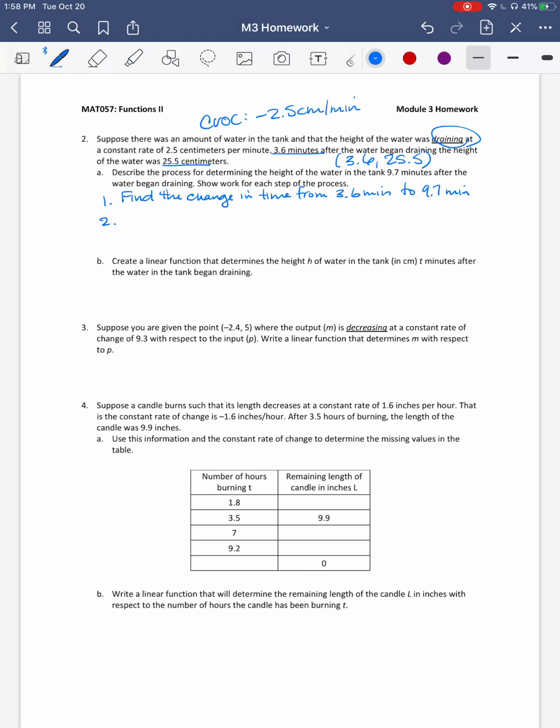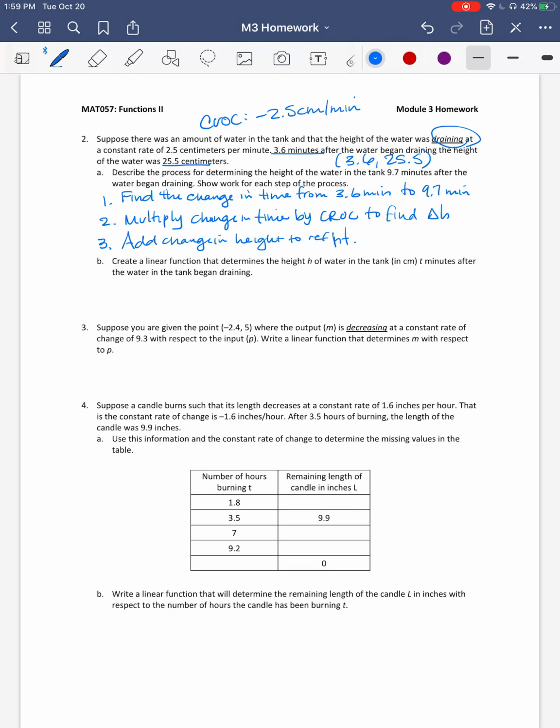Second step would be to multiply the change in time by the rate to find the change in height. And then my third step would be to add the change in height to the reference height. Sorry, that was terrible. So those are my 3 steps. If you want to work it out, you can, but that's really the process.